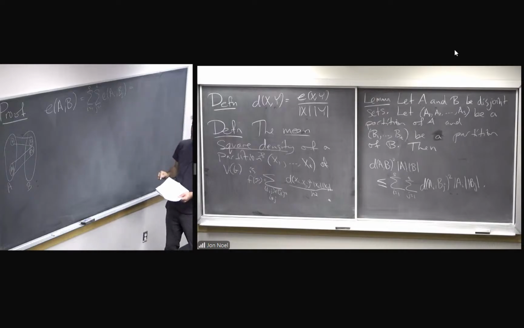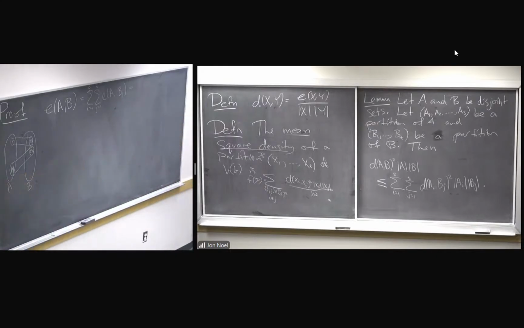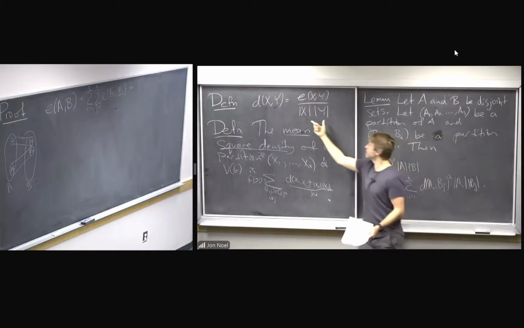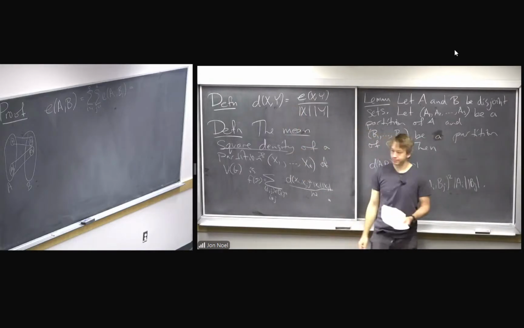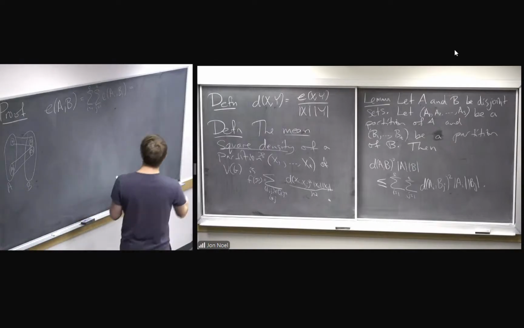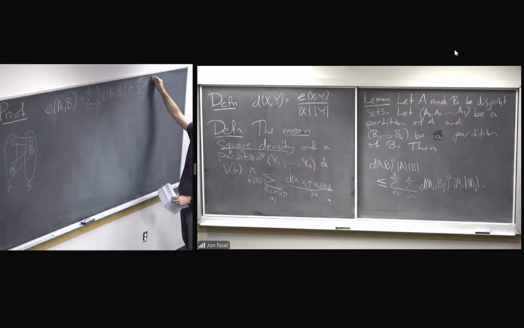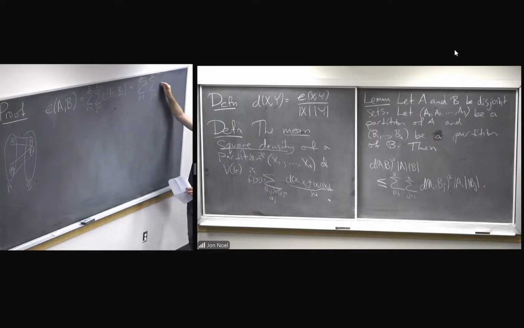Which I can re-express in terms of the density function by moving this stuff over. So it's the sum i equals 1 to s, j equals 1 to t of the density between Ai and Bj times the size of Ai times the size of Bj.